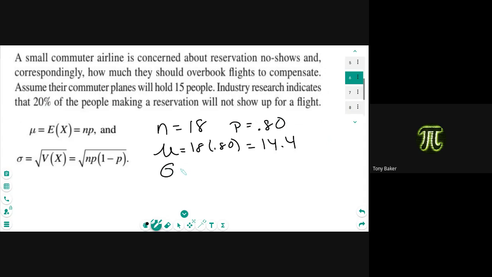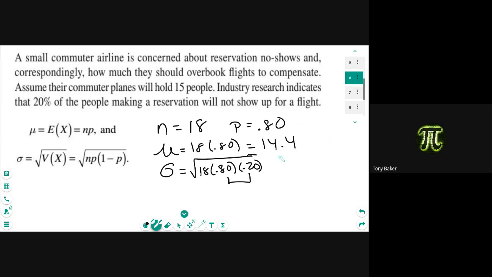My standard deviation is the square root of 18 times 0.80 times 0.20. Remember, these two numbers always add to 1. It's the complement of it. And again, it should always come out to 1 when you add those two numbers together.